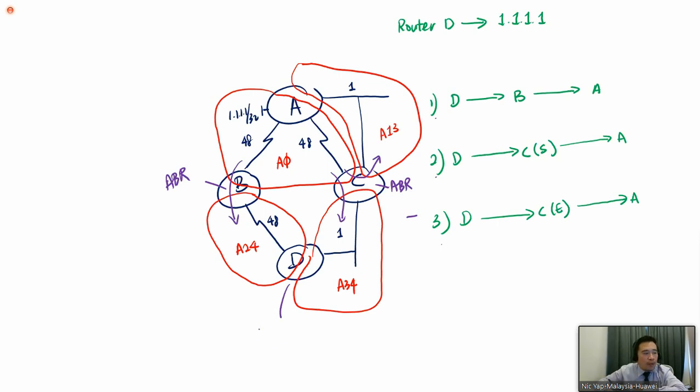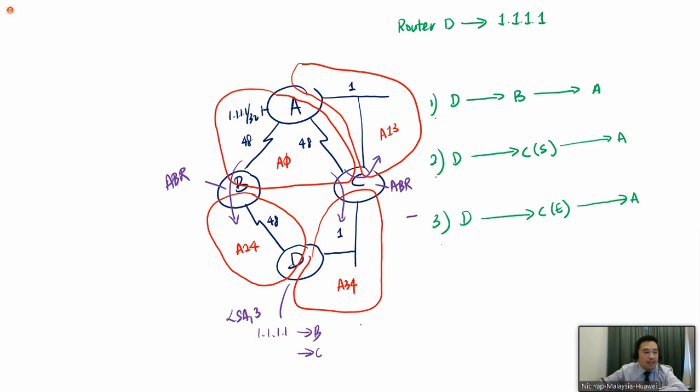So 1.1.1.1 is going through router B or through router C. For router D, which type of LSA do they learn this from? They learn from LSA type 3, from type 1 to type 3.